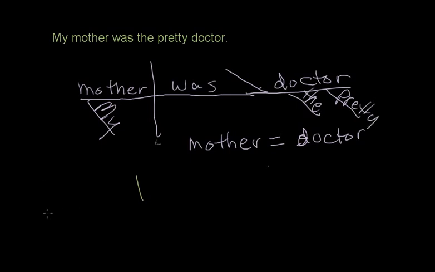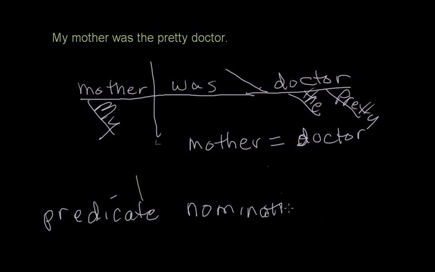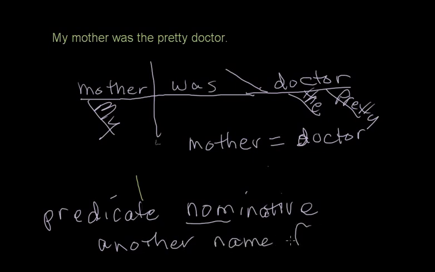And this is called a predicate nominative. You'll notice this nom, it's another name for the subject within this sentence.